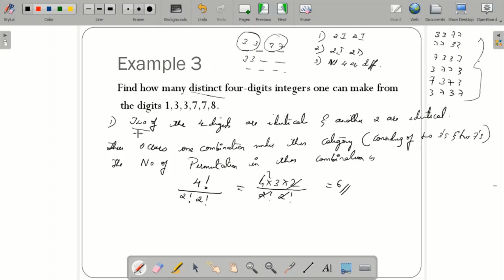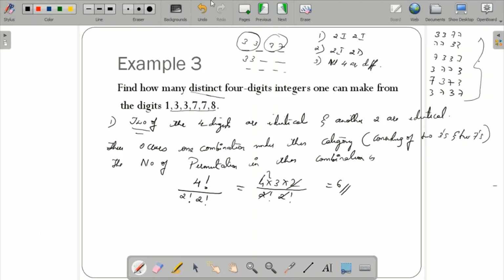These are the 6 combinations. Why are we doing this in terms of permutation? Because the question asks to find how many distinct 4-digit integers one can make from these digits. So 4 factorial divided by 2 factorial and 2 factorial, you got 6 ways.